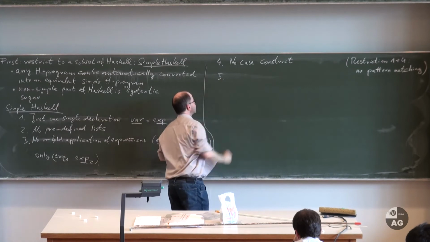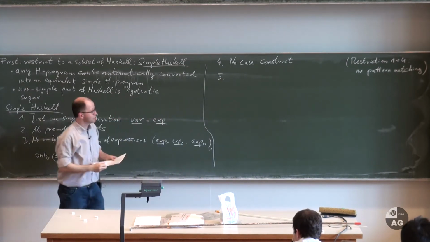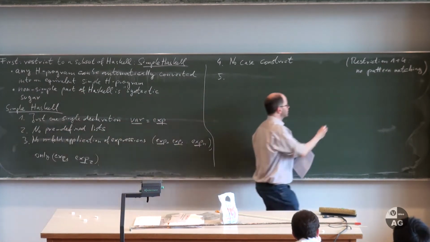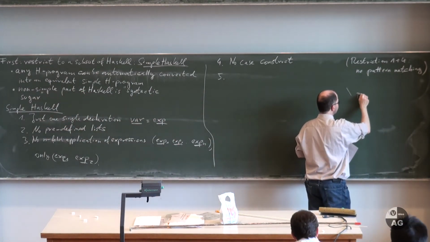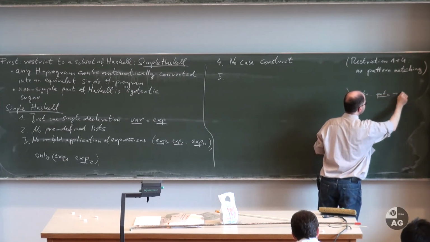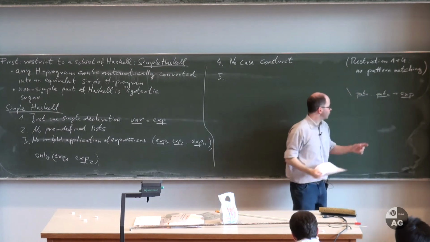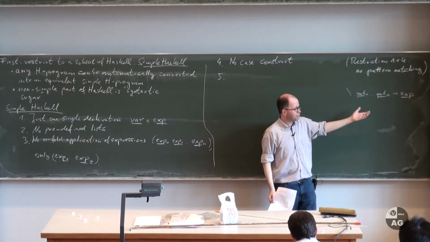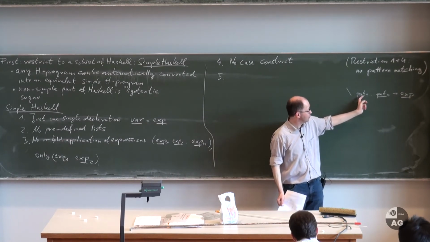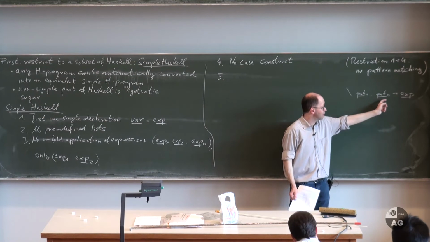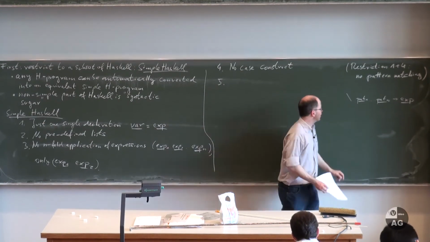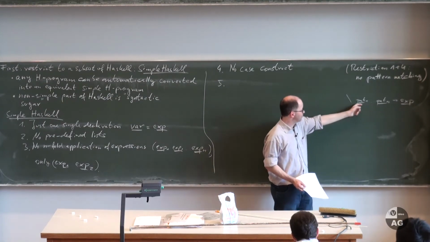Now, the next restriction also has something to do with pattern matching, because normally if you have lambda expressions, then you may write something like this: lambda pattern 1, pattern n, and then an expression. And this stands for the function which does pattern matching. So if the first actual argument is matched by pattern 1, the second argument is matched by pattern 2, and so on, then this function can be applied. But we want to disallow pattern matching, and therefore we don't allow these forms of patterns.